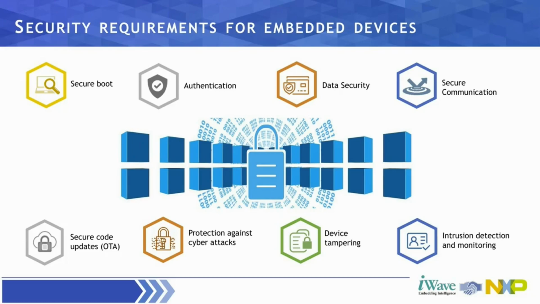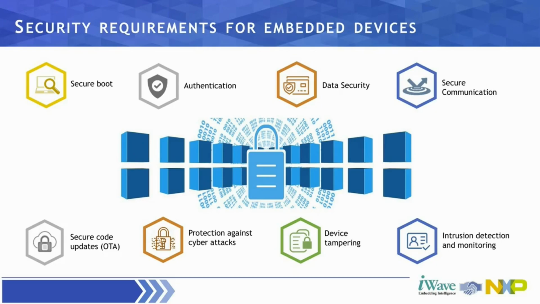Starting from secure boot, which takes care of loading the right firmware on your embedded device, to the secure OTA, which is responsible for a firmware update or an application program update on the field, or it can be simple device tampering. How do you take care of your device not being tampered with on the field from the mechanical enclosure point of view? So the security suite aims at giving a holistic view of security on the device across all the different layers of your embedded system.